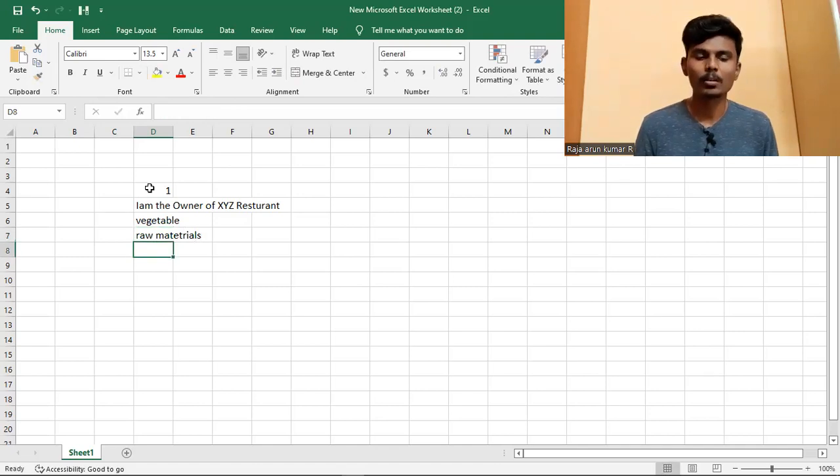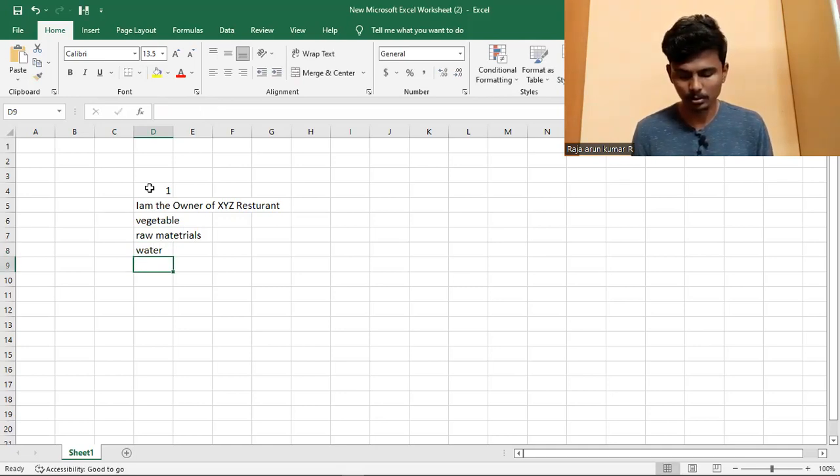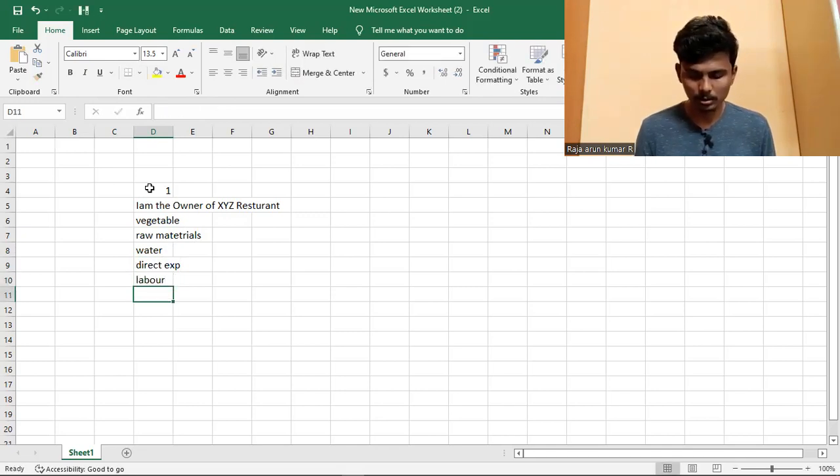Then water, then direct expenses, labor, and then some other expenses also.